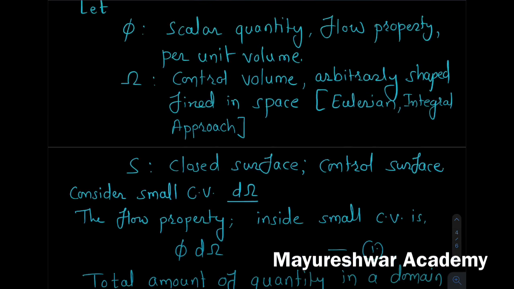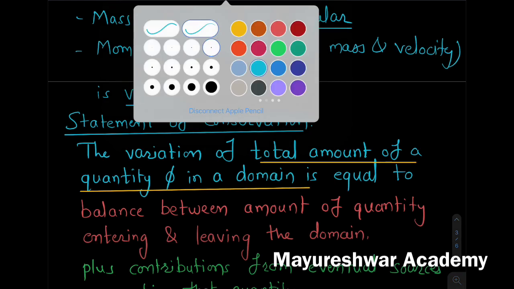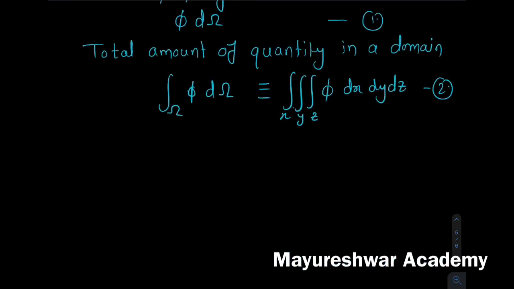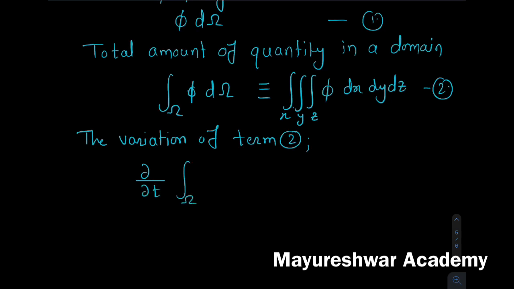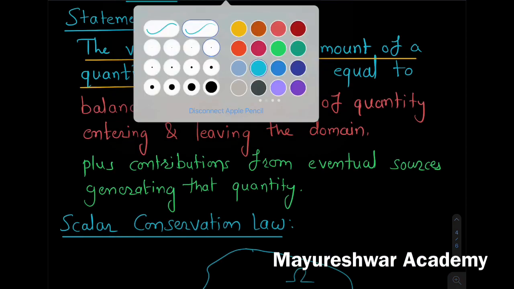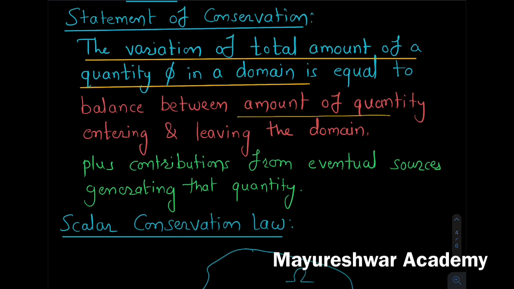Kindly note this: hereafter we will be using omega integral, which means triple integral. Then there is a part called the variation. Now the variation of this part, term 2, is a time variation, so that's why partial over partial t of omega integral of phi d omega. Let us call this term 3.